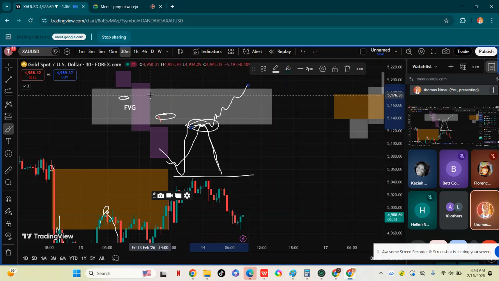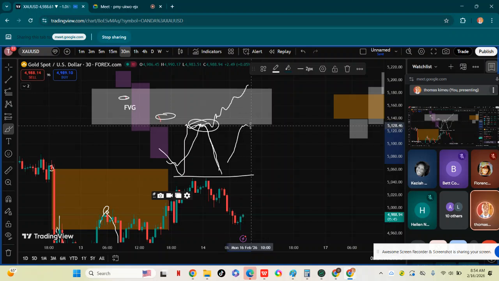So some people say it mitigates the fair value gap, but in simple terms, just say the market has closed that gap. So it will have already gotten rid of that imbalance. I don't know if you are together. So not all the time the market will respect the fair value gap, but most of the times when the market taps this fair value gap, you'll always see an impact.